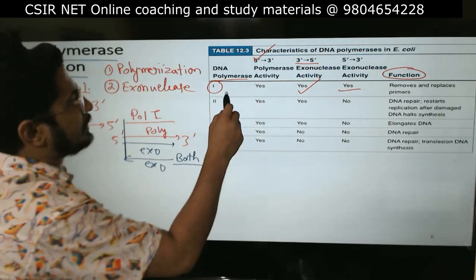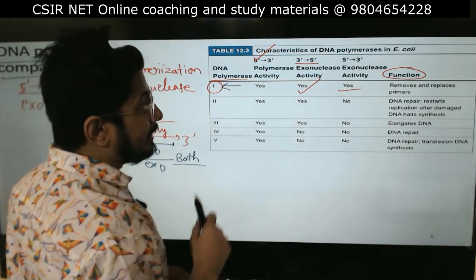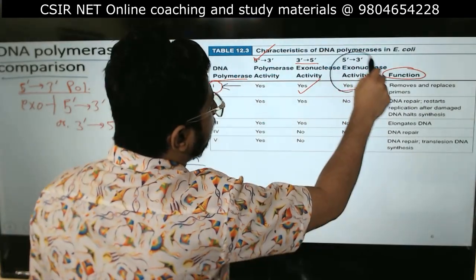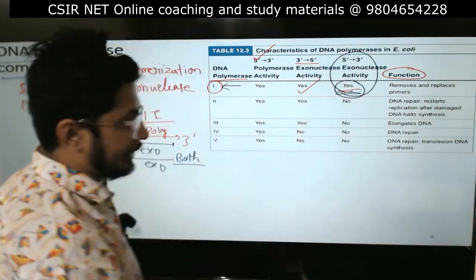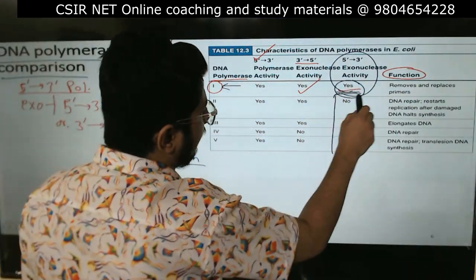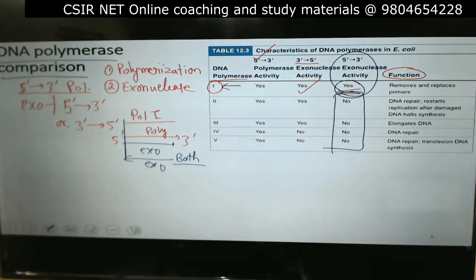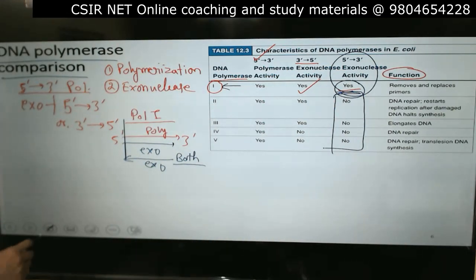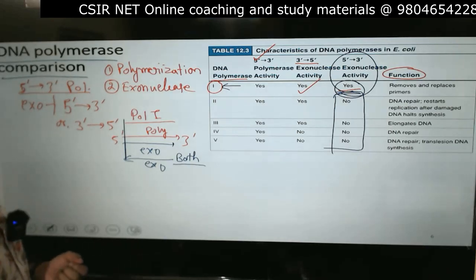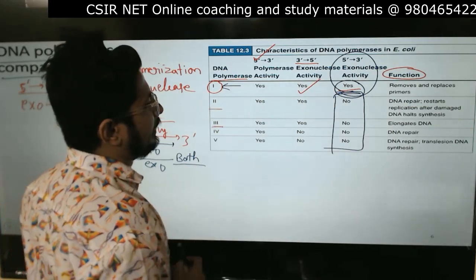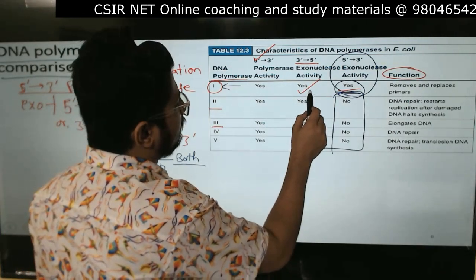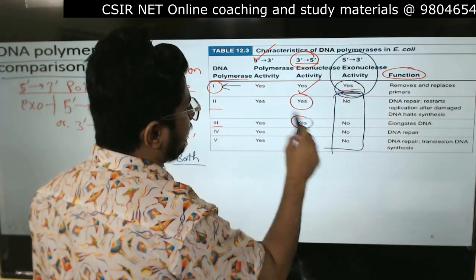That is a unique feature of DNA polymerase 1, having 5' to 3' exonuclease activity, which is not present in any of the other DNA polymerases. The rest of the other DNA polymerases, like DNA polymerase 2 and 3, have 3' to 5' exonuclease activities.